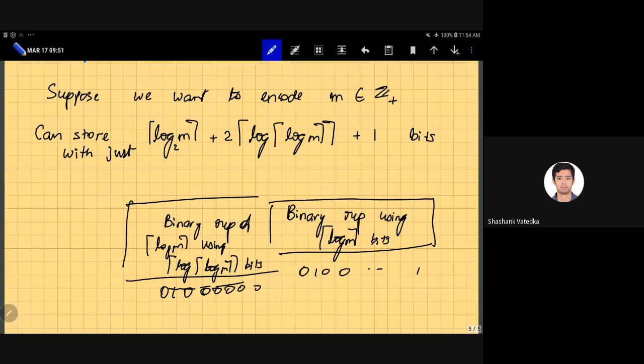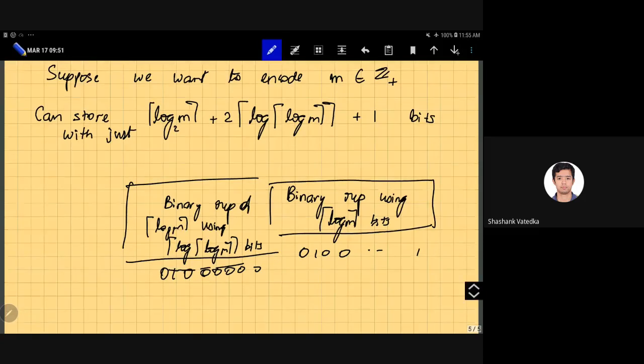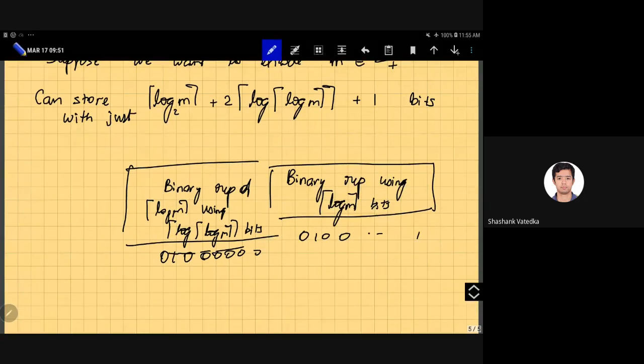But now you need to know what log log m is, and in fact you can do that by storing it in unary.